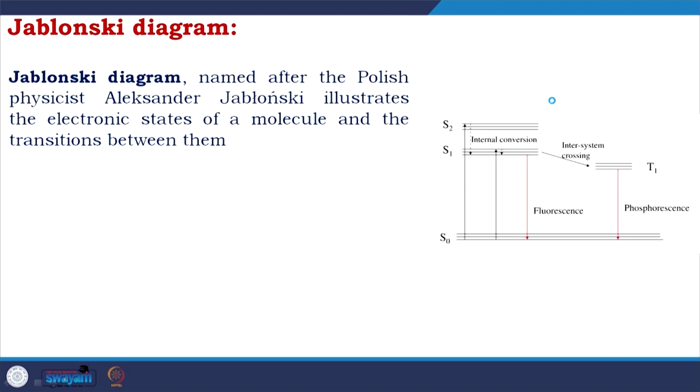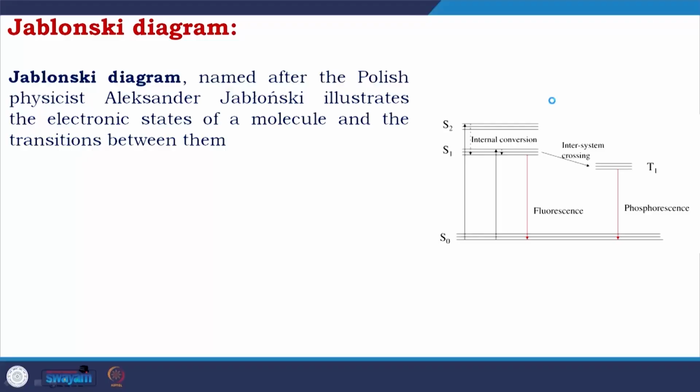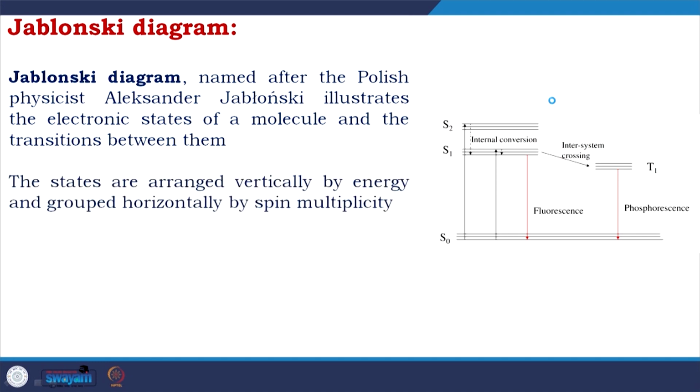The diagram used to show this phenomenon is known as the Jablonski diagram. It is named after the Polish physicist Alexander Jablonski, who illustrated the electronic states of a molecule and the transitions between them, the molecular phenomena, the molecular interactions.